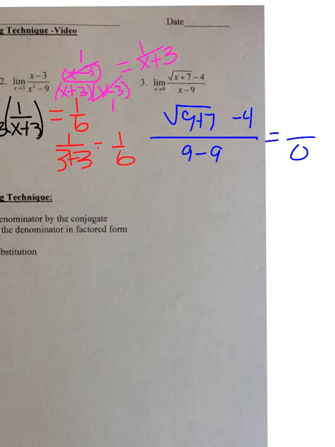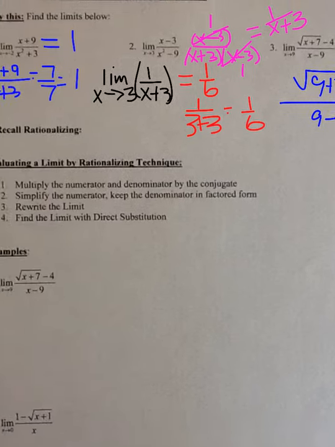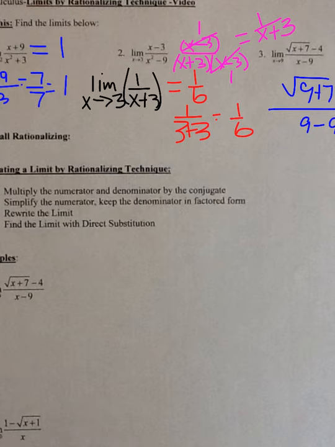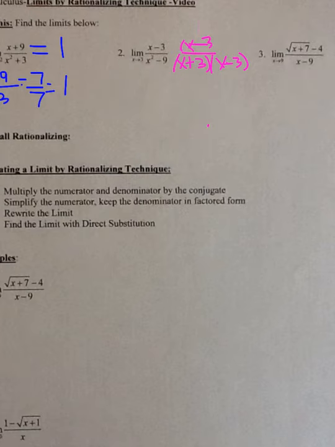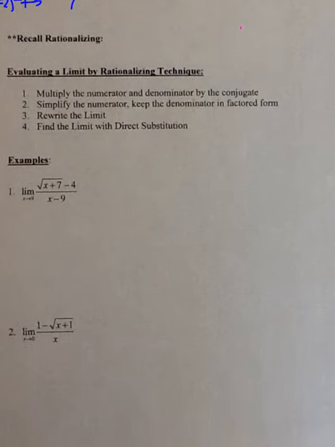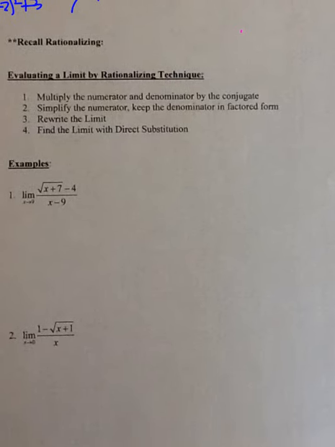Okay, so let's just write down. Let me just get rid of this actually. All right, so rationalizing, hopefully remember we did that with radicals and with complex numbers. Rationalizing is multiplying by the conjugate.